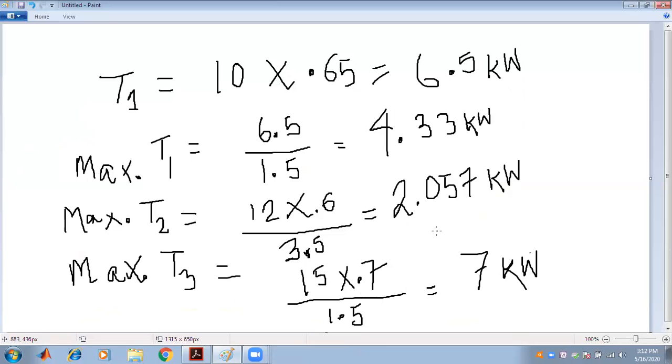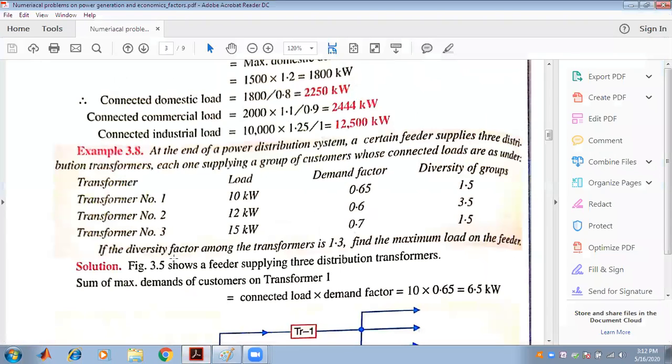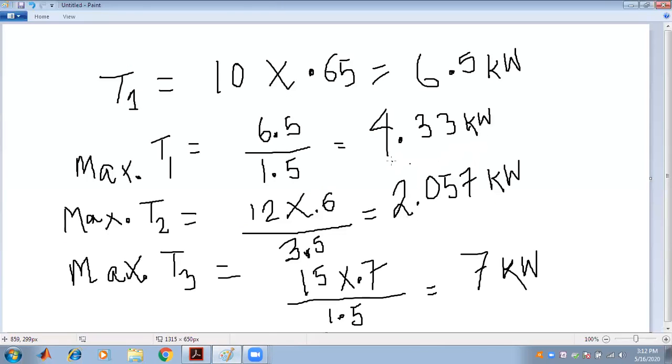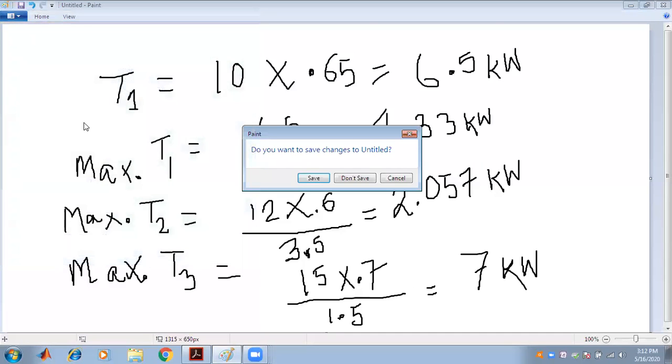Our main motto is, if the diversity factor among the transformers is 1.3, to find the maximum load on the feeder. So what is the maximum load on that particular feeder when the diversity factor is 1.3?